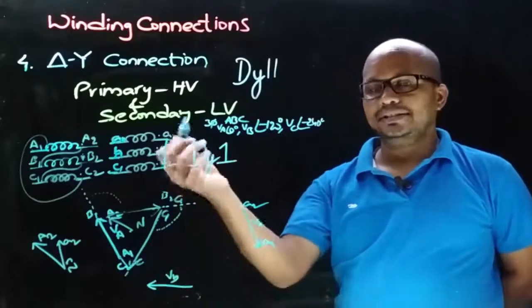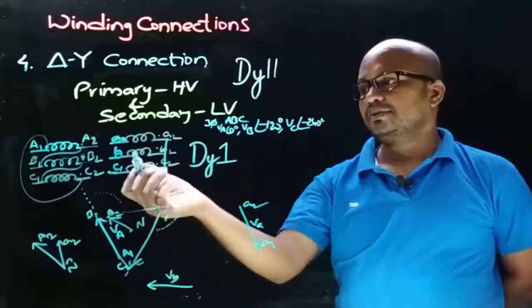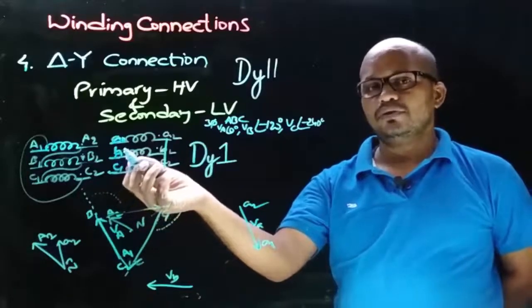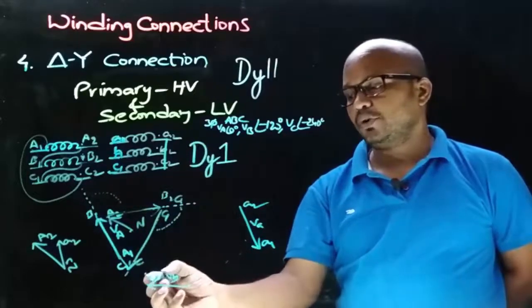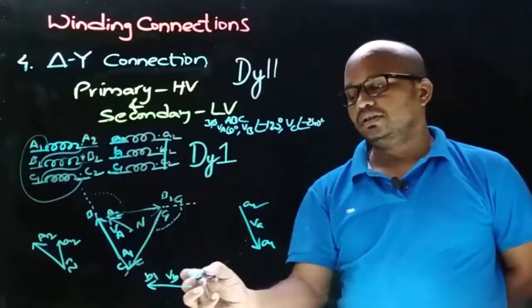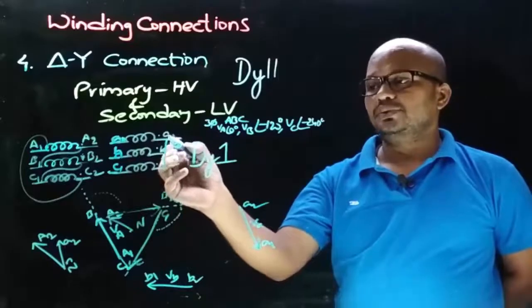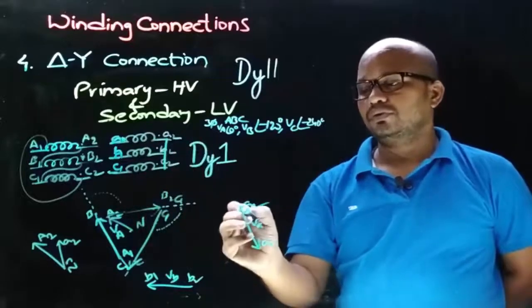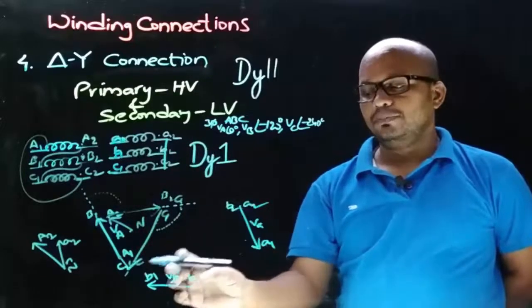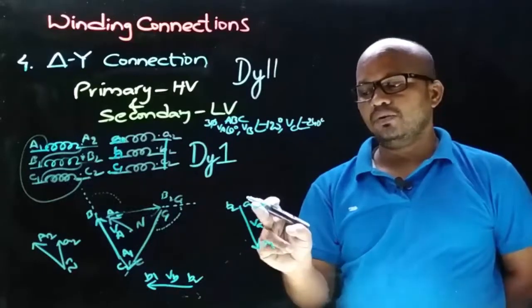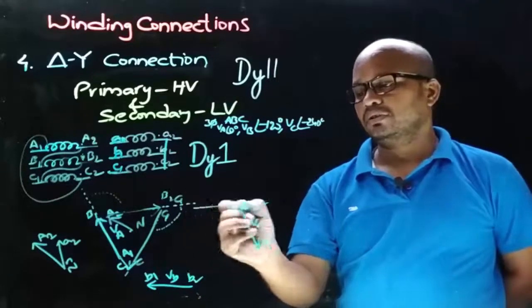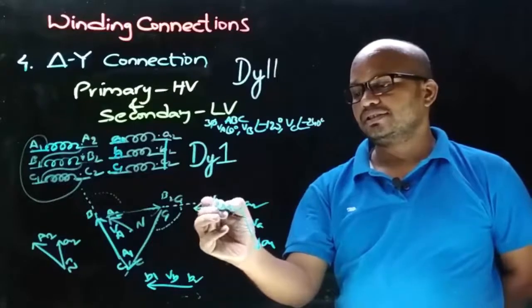Now let's decide the terminals: the connections are taken from non-dot end terminals, therefore the arrow will point towards B1, and the other end will be B2. Observe from the connection that A2 is joined with B2, so place this VB phasor such that A2 has the B2 terminal. Therefore the phasor is like this.